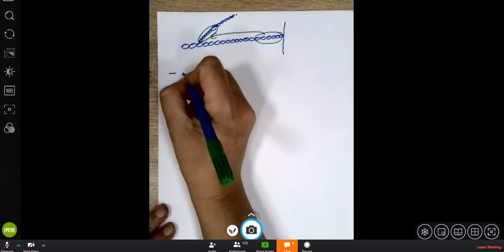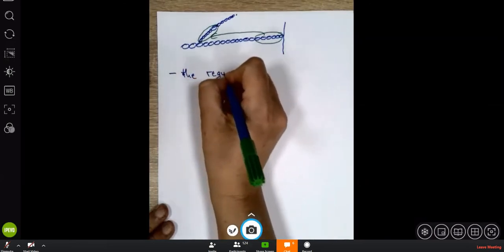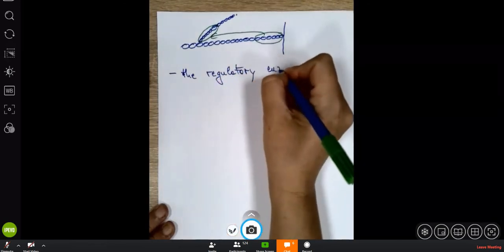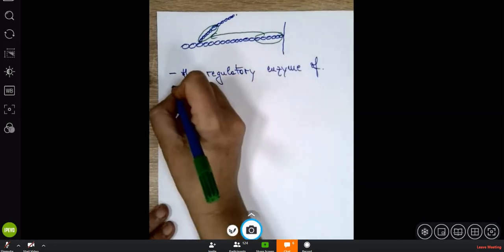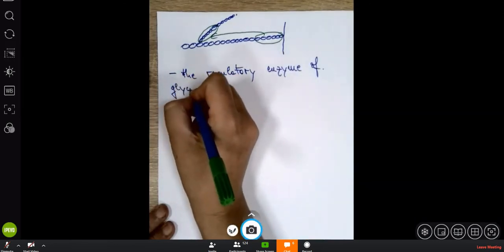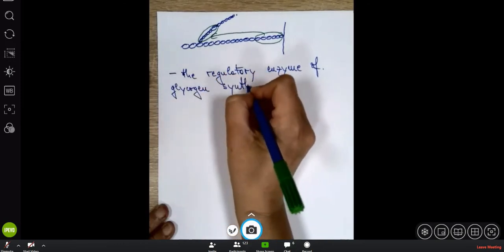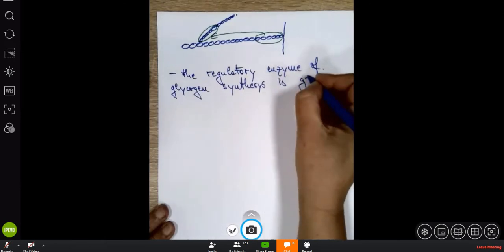So of course, the regulatory enzyme of glycogen synthesis is glycogen synthase.